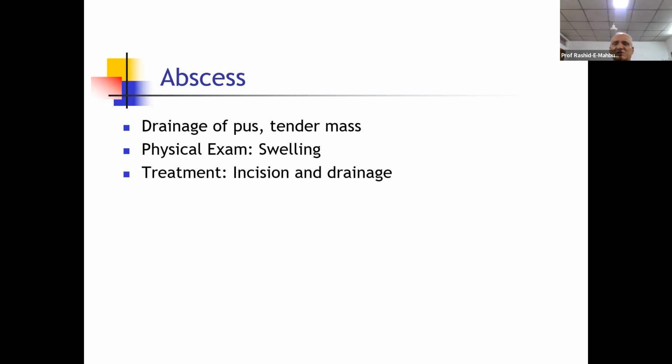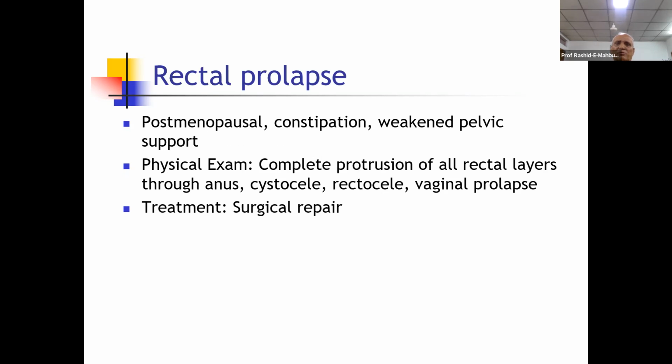Mostly these abscesses are drained by a cruciate incision. So a cross incision and the excision of the four sides of this cross will be a permanent space for the drainage of the pus, and ultimately with antibiotics and hot hip bath, it may be relieved. So that is the best way to do.